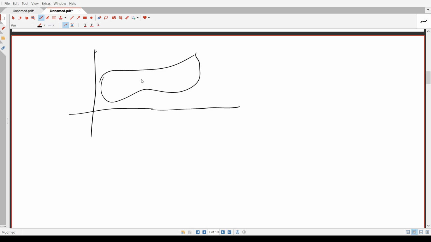Because this might not be a nice function that I can integrate, like you did in Cal 2 where you had the top minus bottom, it might not work out neatly like that. I might not be able to write this as a nice function of x. Suppose I want to compute the area of something that looks like this.